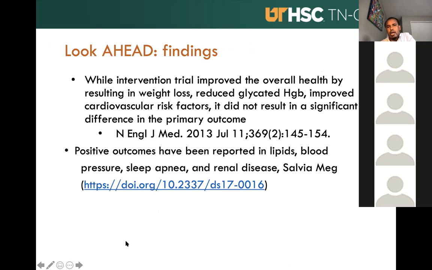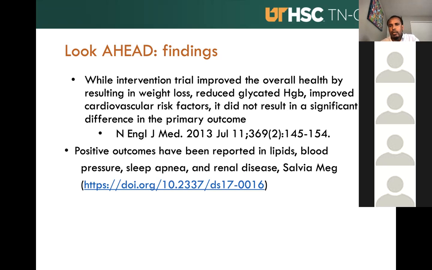While the intervention trial improved overall health by resulting in weight loss, reduced glycated hemoglobin, which means improved diabetes control, and improved cardiovascular risk factors, it did not result in a significant difference in the primary outcome. The intervention was the intensive lifestyle intervention, and the other arm was health education and support for the diabetic patients.